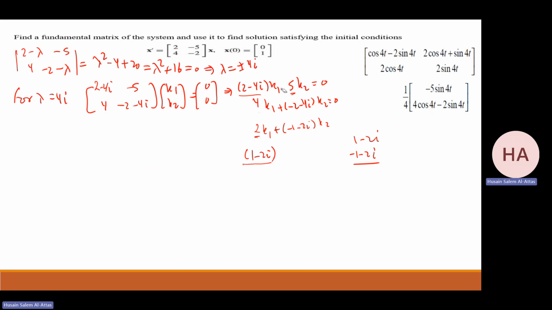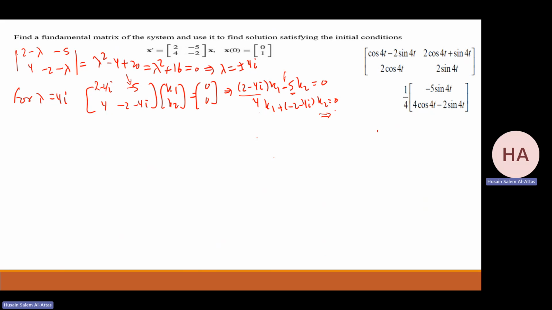Sorry, this is minus 5, so the answer should be minus 5. So this is minus 1, and 4i squared, which is minus 4. So it's minus 5, so it's correct. Just like a checkpoint, and it's good we did that. We notice it's minus 5, not 5. Okay, so we'll use, for example, the second one.